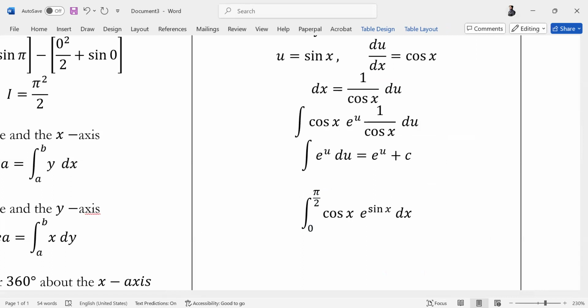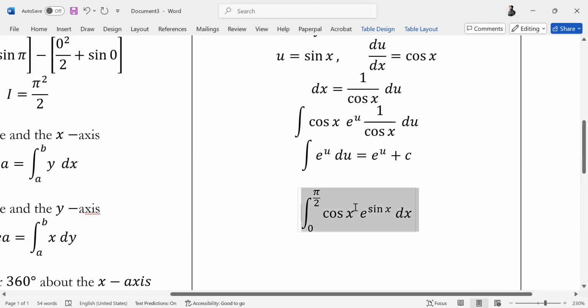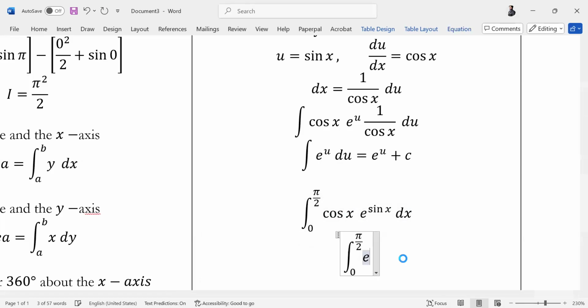Now your values are pi by 2 and 0. Which variable do they represent? x. When I integrate, I'll plug in these values in place of x. Isn't that right or wrong? So once I convert this entire integral in terms of u, will it be justified to go with the values of x?